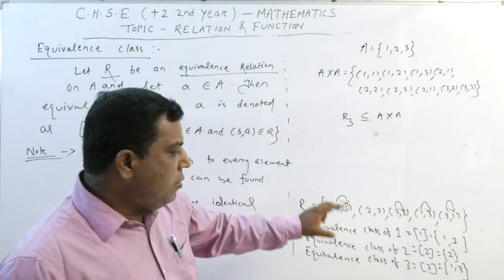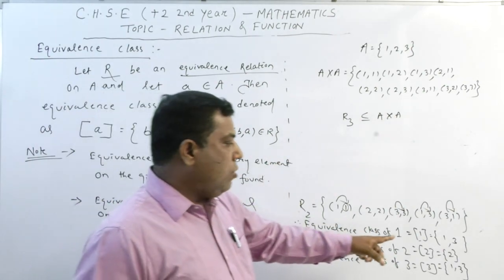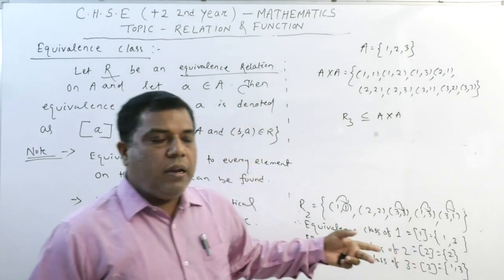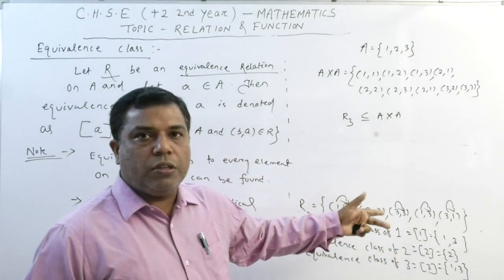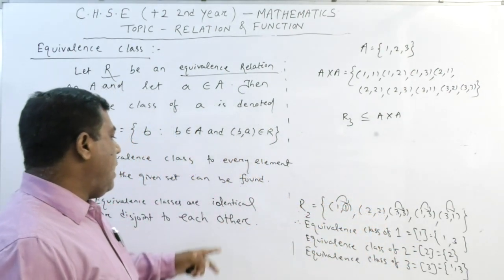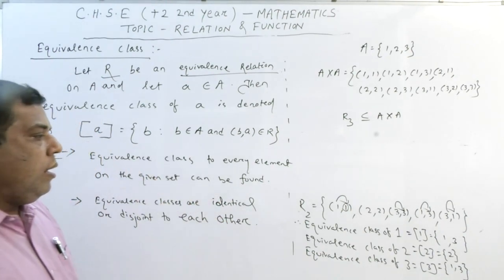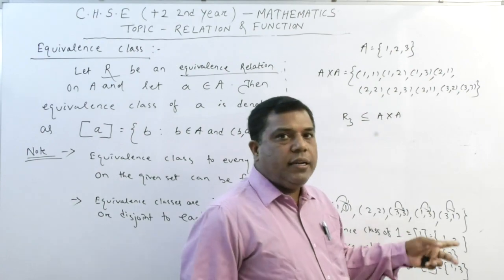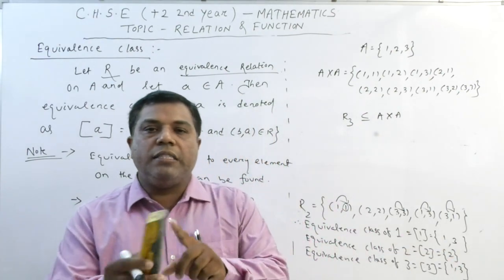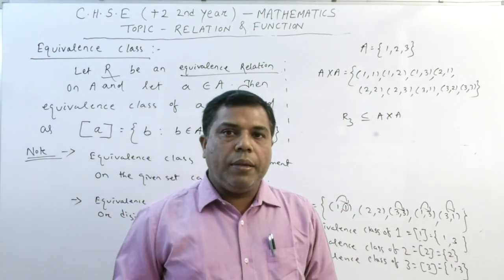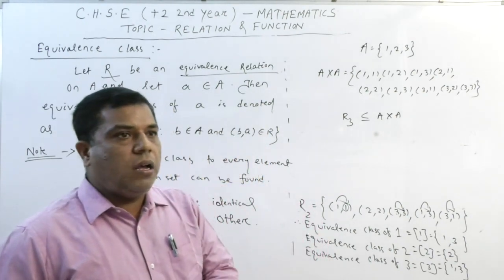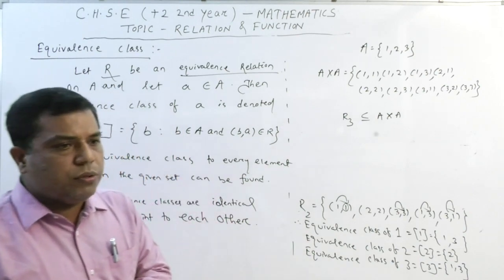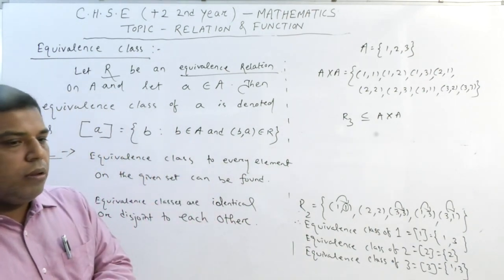You see in the 3 equivalence classes, the equivalence class of 1 and the equivalence class of 3 are equal to each other. Yes or no? They are identical with each other, and either they are identical or they are disjoint, meaning no overlapping is there. That is the meaning of disjoint. Clear, my dear students? Yes or no?